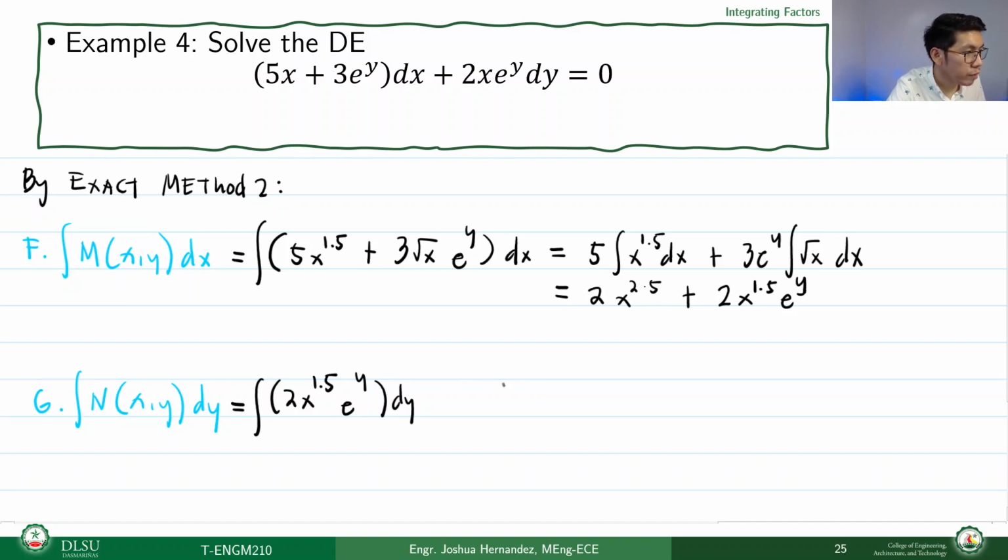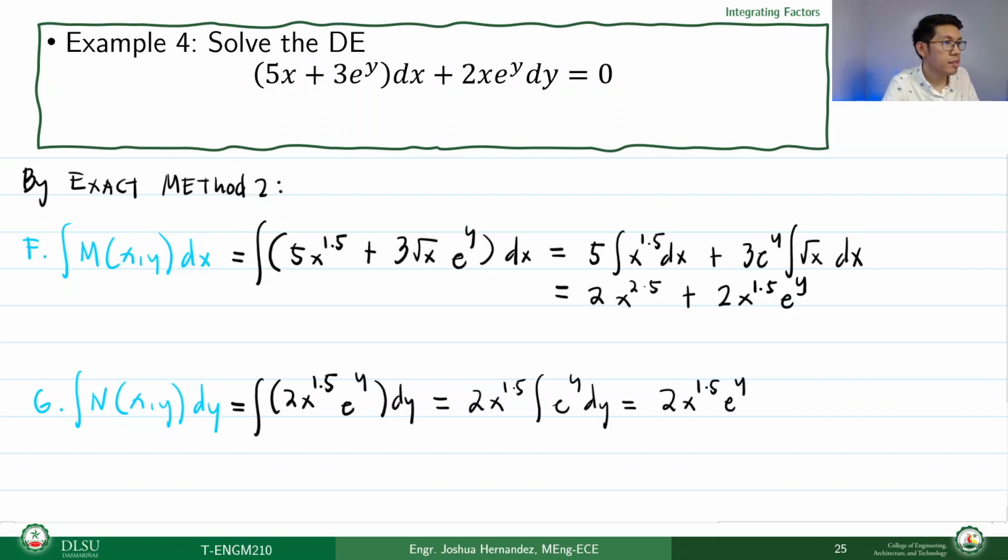Now moving to n, we integrate with respect to y, and we can factor out 2x raised to 1.5. Integrating e to the y dy gives us e to the y, so it is simply 2x raised to 1.5 e to the y. You can notice that we have a common term in both.